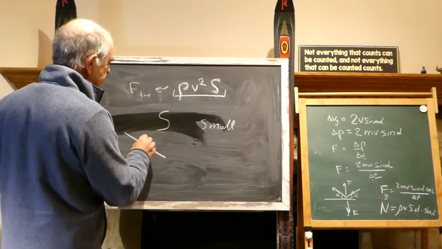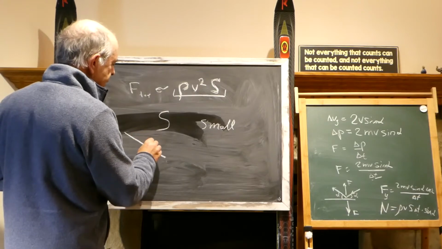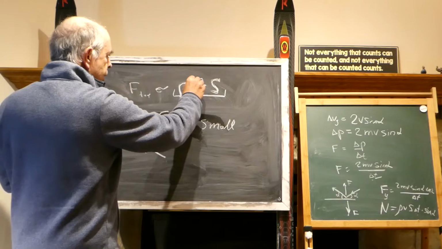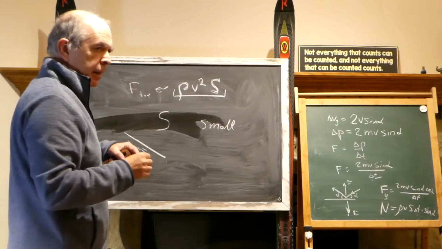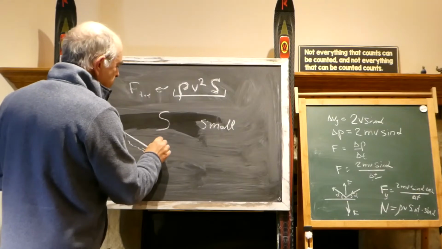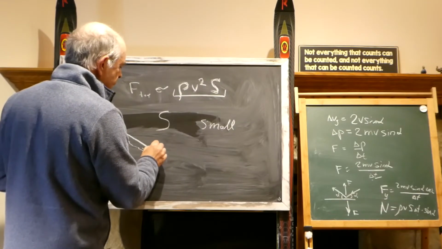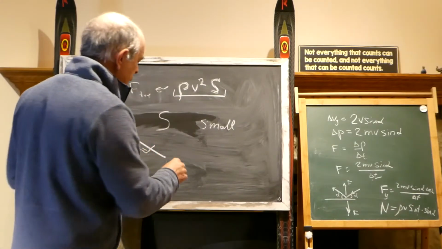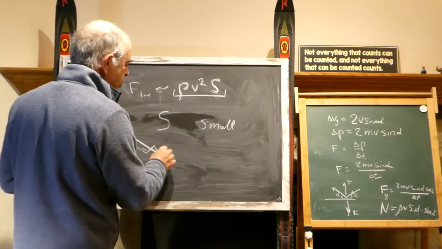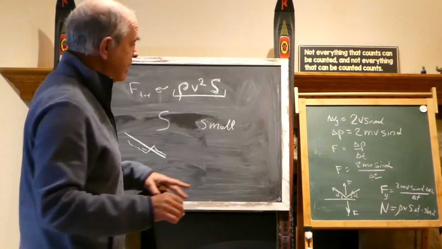You go down the hill and you accelerate and you're sitting underneath the snow, and then suddenly your speed becomes big enough and you suddenly get pushed, the lift becomes bigger than your mg, and you push to the surface of the slope and you're floating on top of the slope.